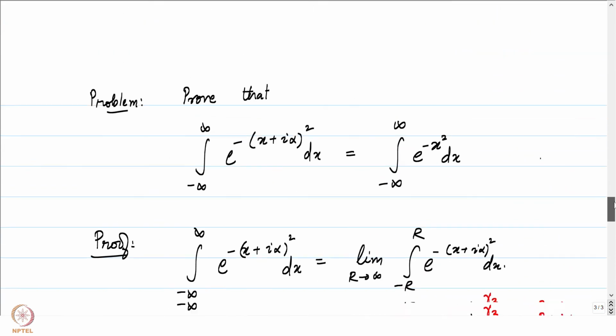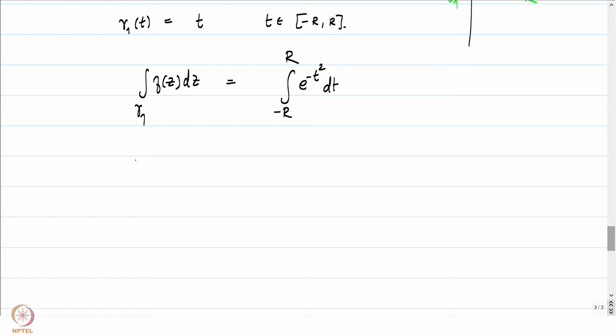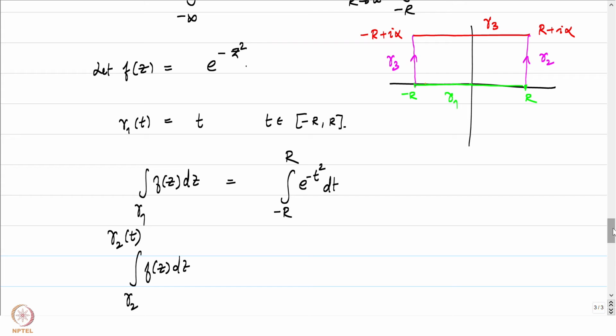If you notice, the thing written there, taken to the limit as r goes to infinity, is what is written to the right here. Now the integral over gamma 2 of f of z dz. Okay, what is gamma 2? Gamma 2 of t is the straight line path which connects r to r plus i alpha. So, this is just going to be equal to r plus i t, where t belongs to 0 comma alpha.